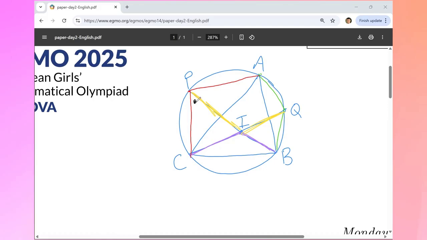Those angles are equal by bow tie, and these angles are equal because they're vertically opposite, right? That proves they're similar. And that means the ratio of the red to the green is the same as the purple to the purple, right? Okay, can you see how it all fits together now? Do you have any questions? That's pretty neat, right?